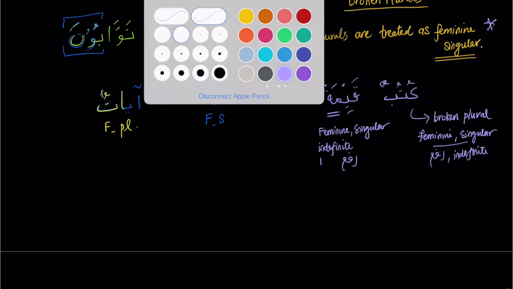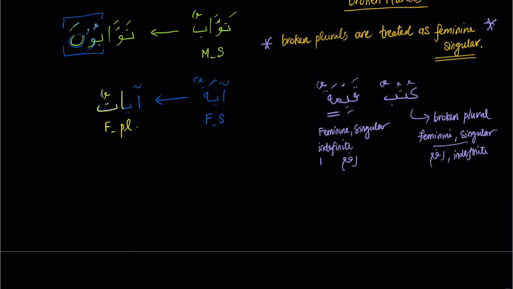Now, there's one more nuance to this discussion, and that nuance is that if the broken plural is referring to male people, then you can treat that ism as a masculine plural or feminine singular. You have the option.